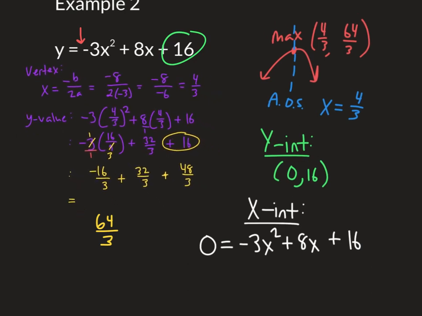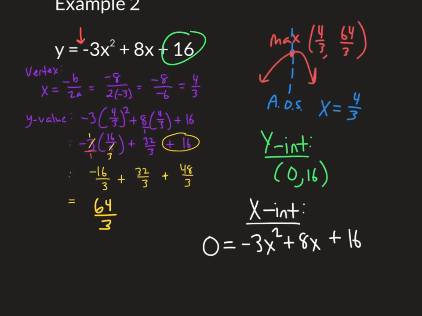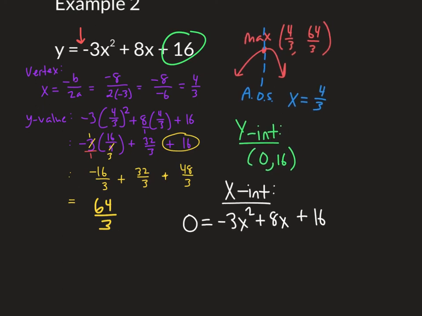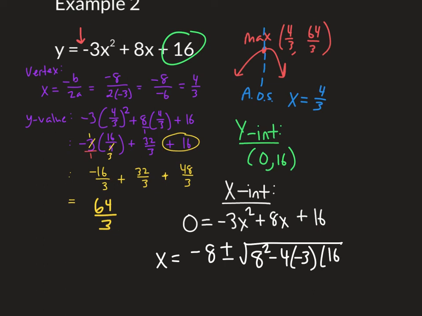But let's just do as a review as well that the quadratic formula always works. Okay, so let's just review that since that's kind of a guaranteed to work method. All right, so we're going to say x is going to equal the opposite of b plus or minus square root of b squared minus 4 times a times the value of c all over 2a.